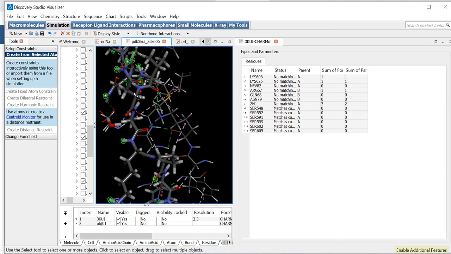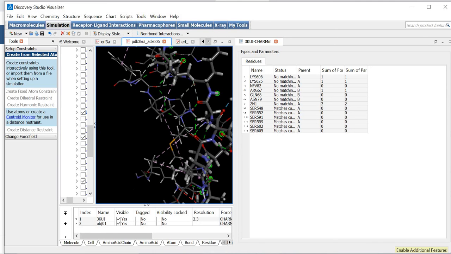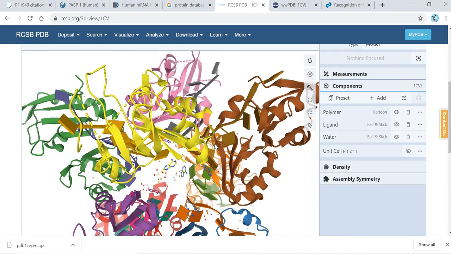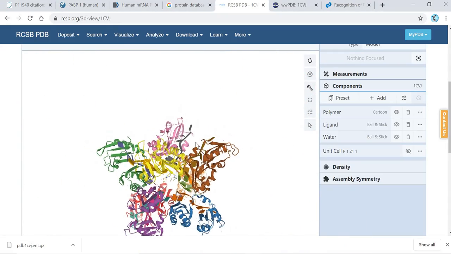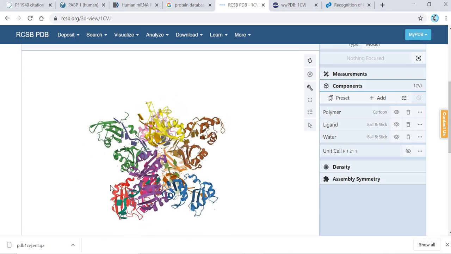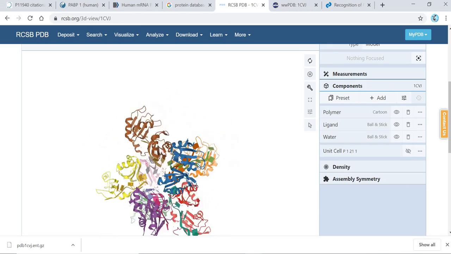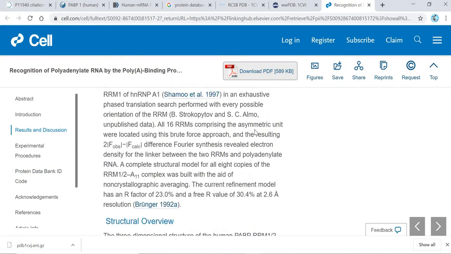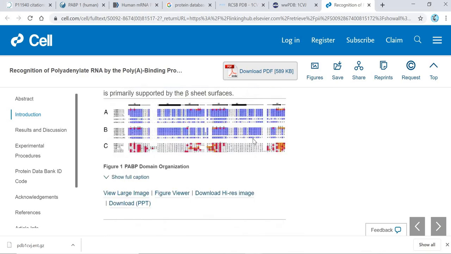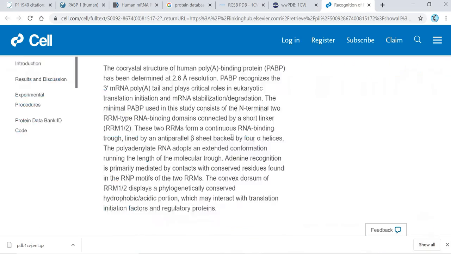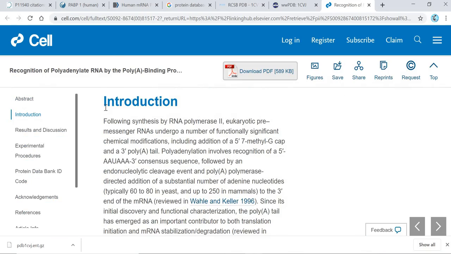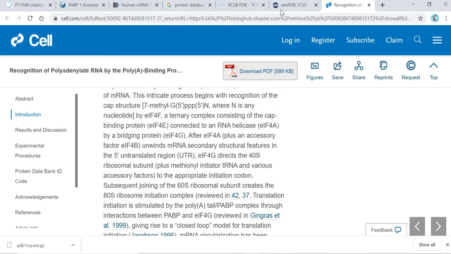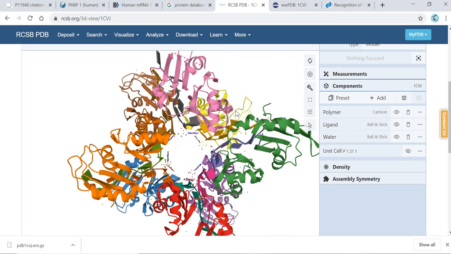Actually, it's the PABP one, but the other part, the PABC domain. And study them, because if you have a weak understanding of the protein structure, you can simply read how they identified and how they describe it. Because here in the introduction part, they're mainly going to talk about the background information of this protein.